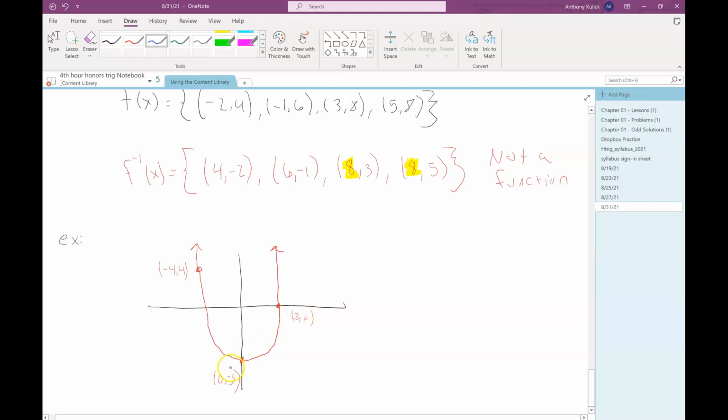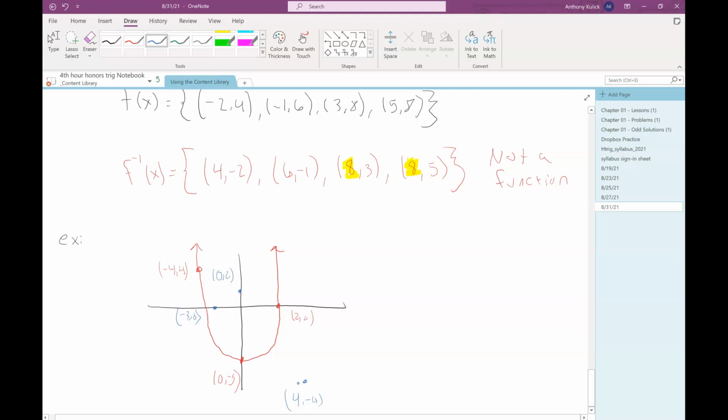So 0, -3 is going to be written as -3, 0. And then 2, 0 would be written as 0, 2. And then -4, 4 would be written as 4, -4. Is everybody okay there?